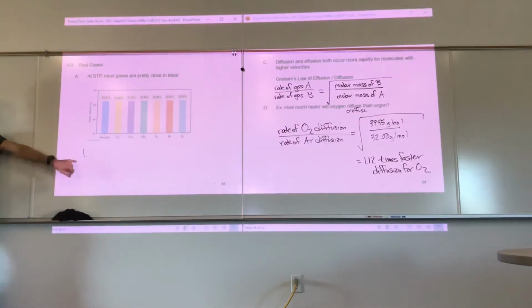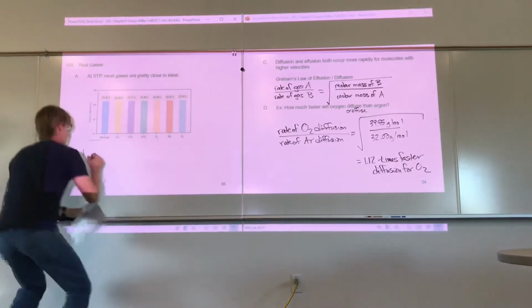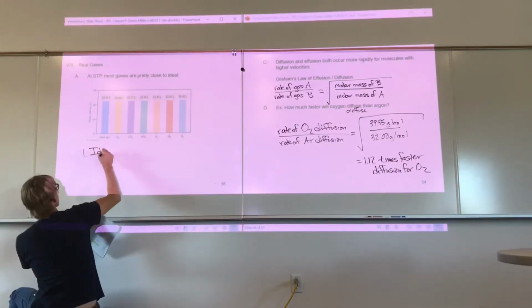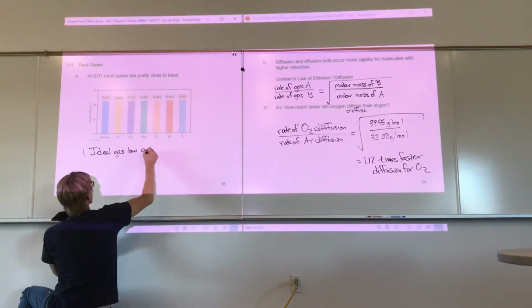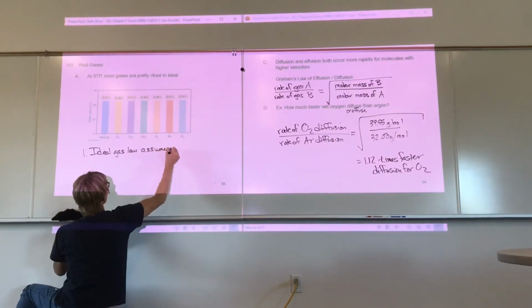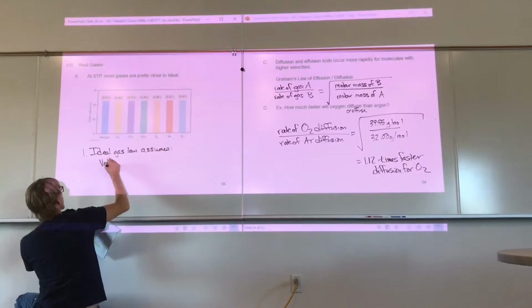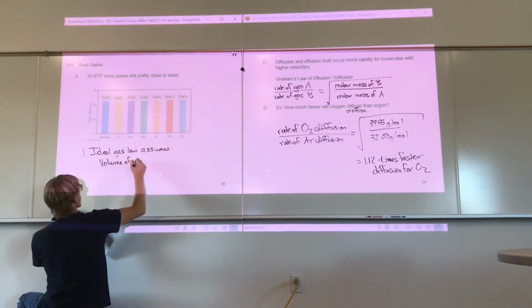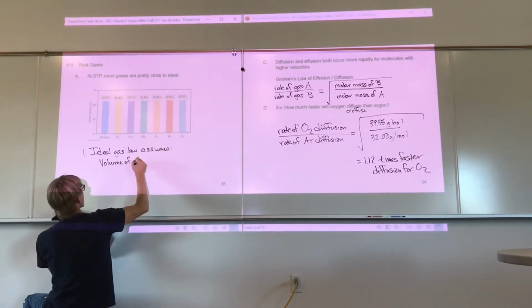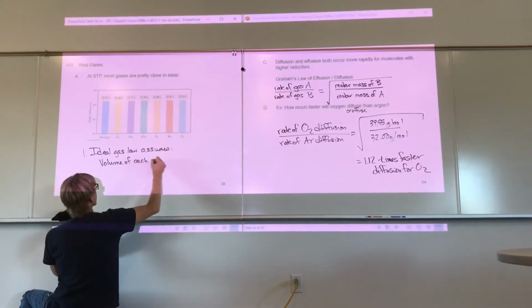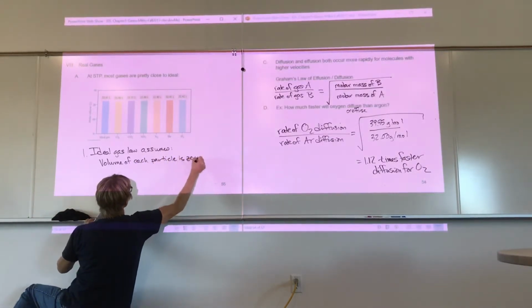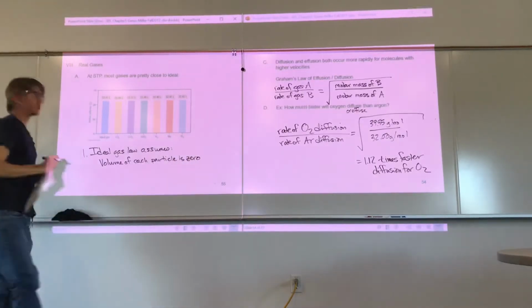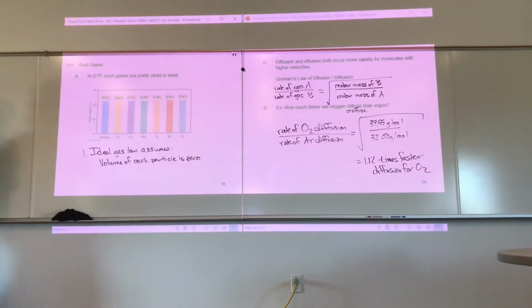So now the ideal gas law assumes two things. First one is that the volume of each gas particle is 0.